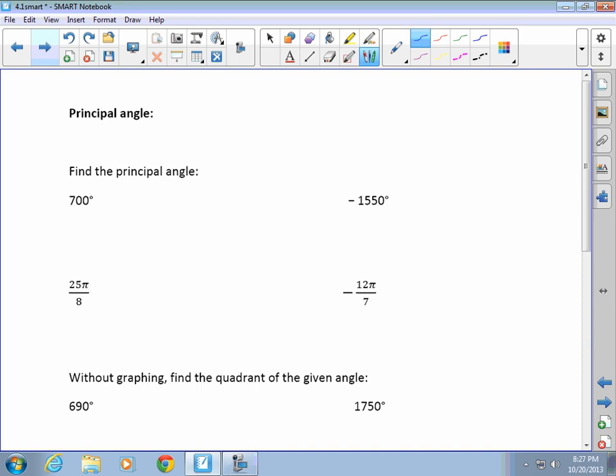Your principal angles need to be between 0 degrees and 360 if we're talking in degrees, or the principal angle needs to be between 0 and 2 pi. So what we want to do is shrink that down to see what the smallest principal angle is. Shrink down your angle.